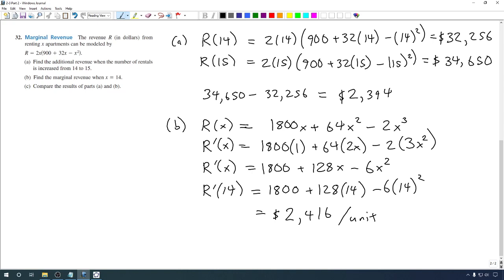How much more revenue would we have if we went out and tried to get someone else to rent an apartment from us? And if we don't need the exact amount, we can at least estimate that we should get about $2,400 more.